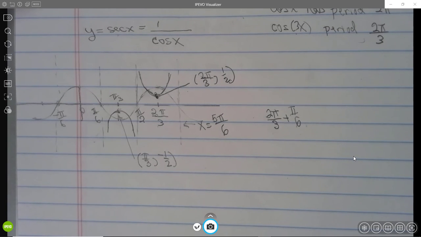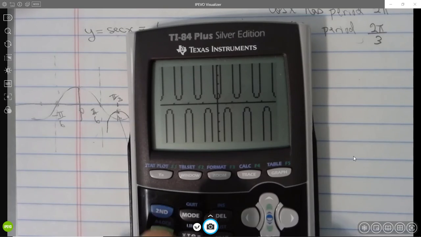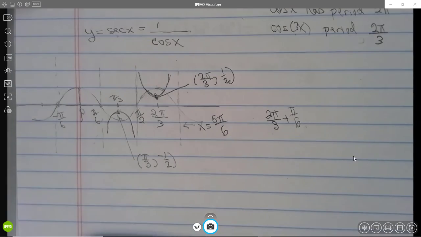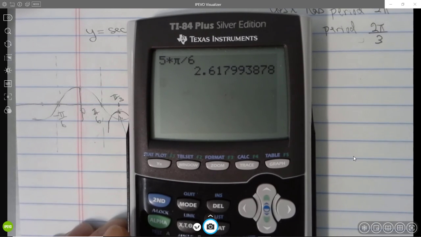Now, let's just kind of confirm that with our calculator. First of all, let's get back to the main window. How about if we check out this 5 pi over 6? So we're looking for about 2.617 and a couple of 9s.